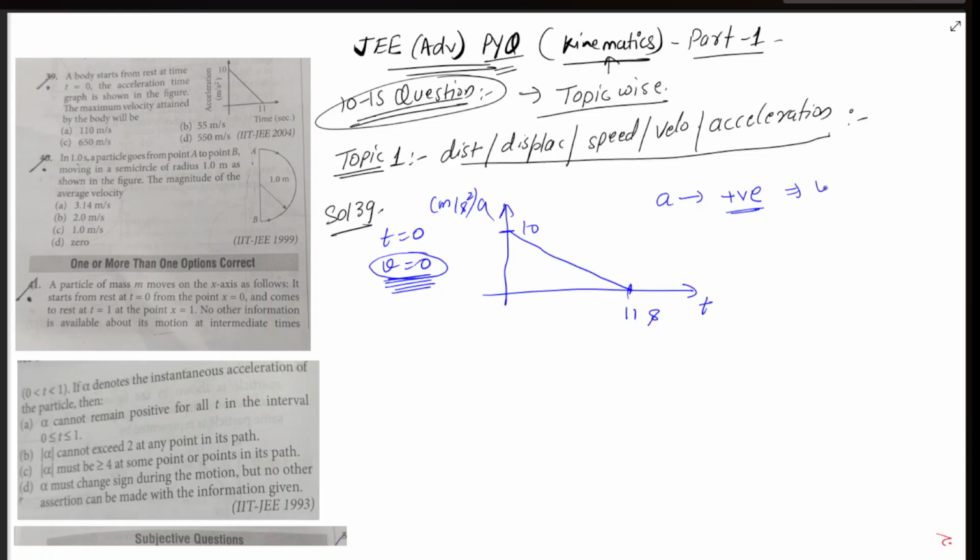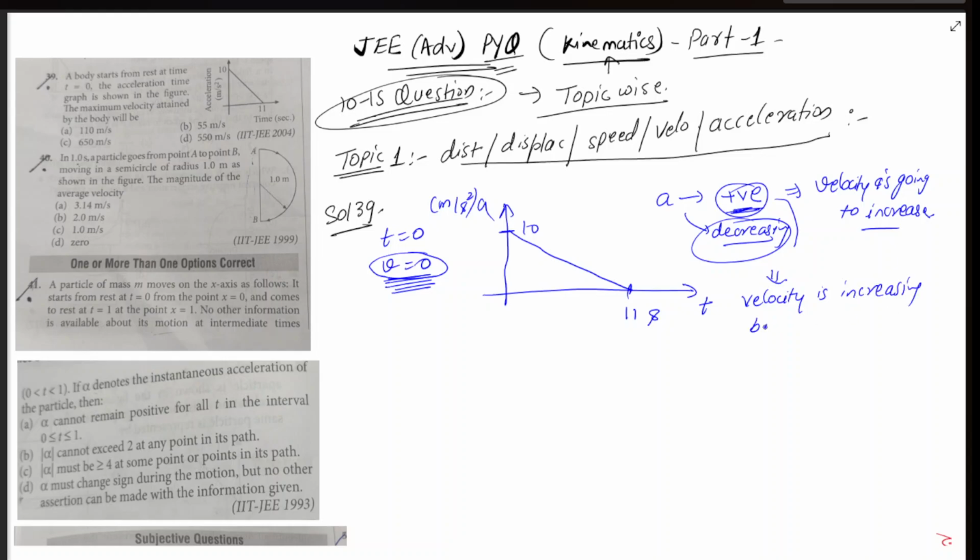For further time we see acceleration is decreasing, but it is still positive. What does that mean? Conclusively, no matter what, velocity is increasing, but the rate of increase will be less and less.